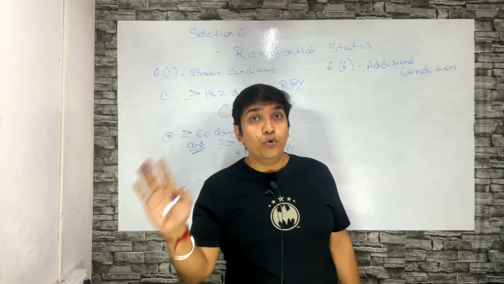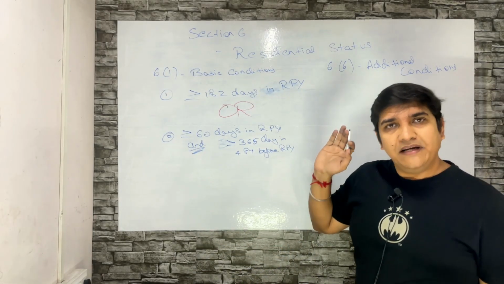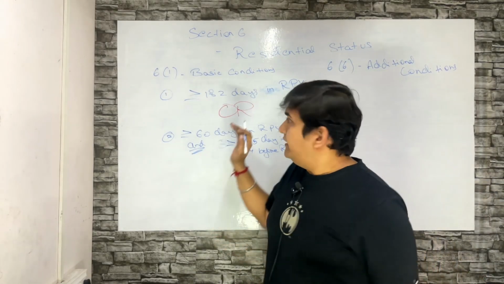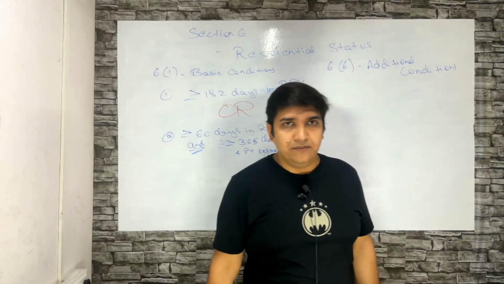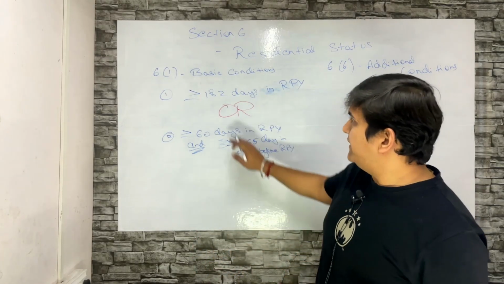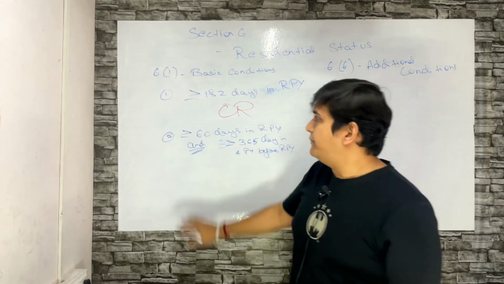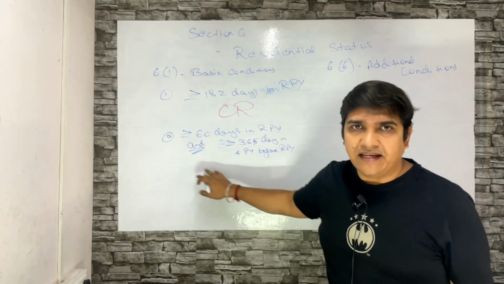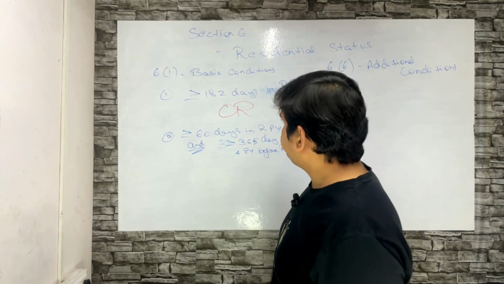These are the two basic conditions. Any one of the conditions should be satisfied to be a resident. If a person satisfies only the first condition, they are resident. If a person satisfies only the second condition, they are a resident, right?